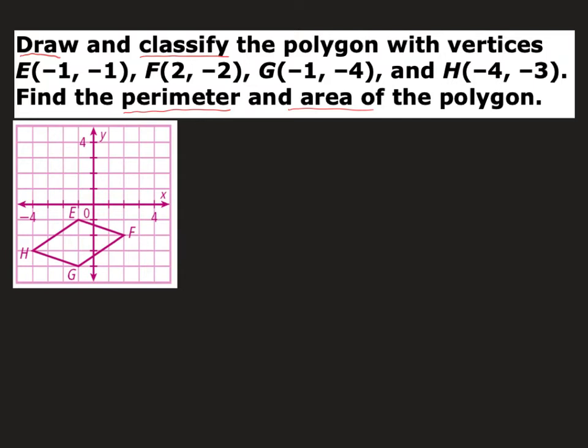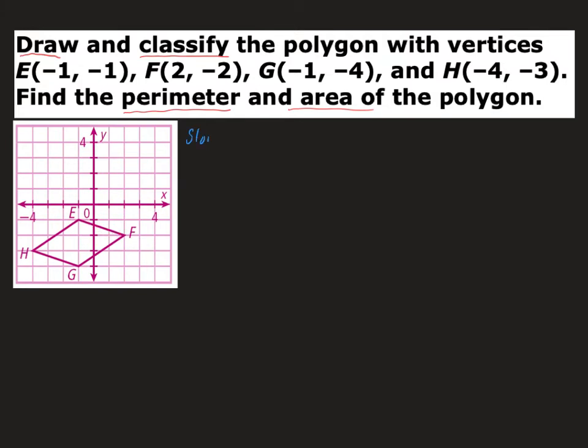And just by looking at it, it looks like it is probably a parallelogram. So the property of a parallelogram is that the opposite sides of the quadrilateral are parallel to each other. So I want to make sure that each of these parallel lines will have the same slope.